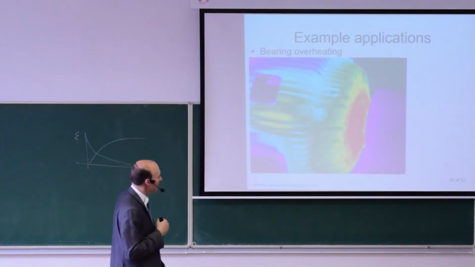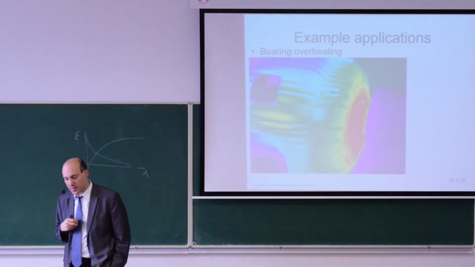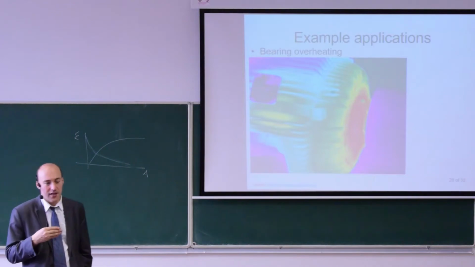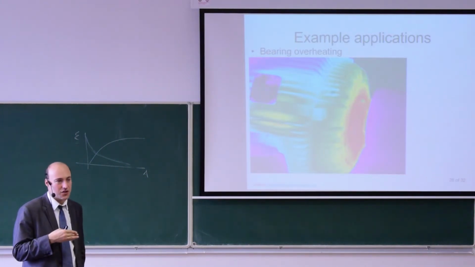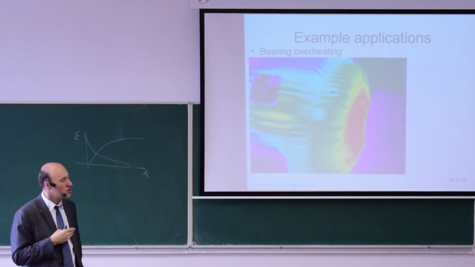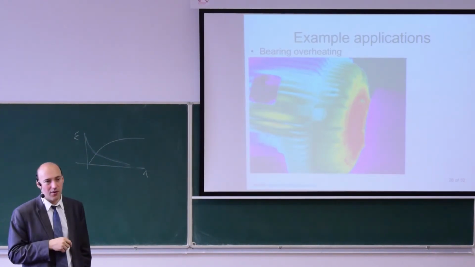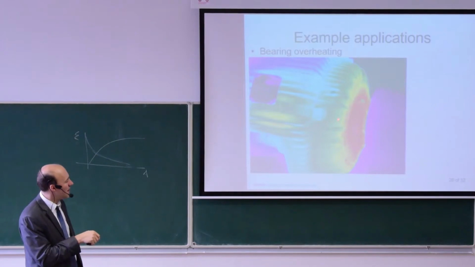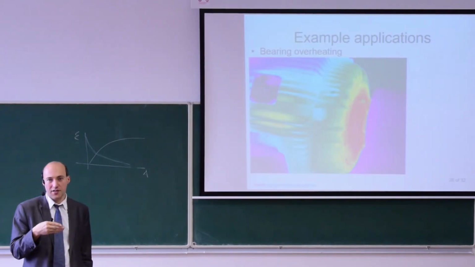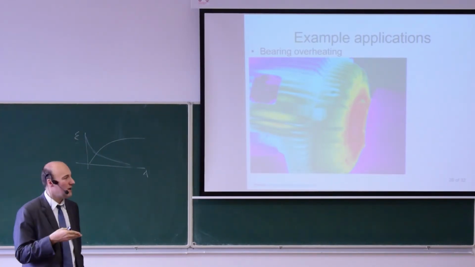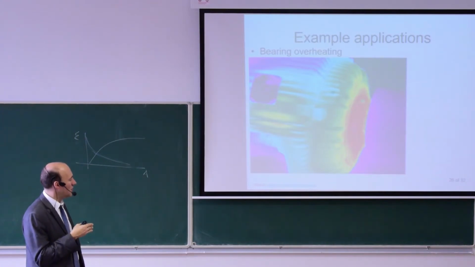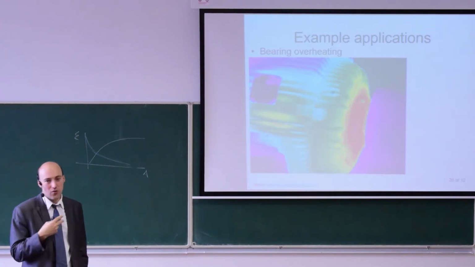Similar example is if you detect some faults in machinery, such as bearing overheating. So you look at a motor, an induction motor for example, and you may see that something is happening here. So you see that there is a problem, but it's not supposed to give you temperature.